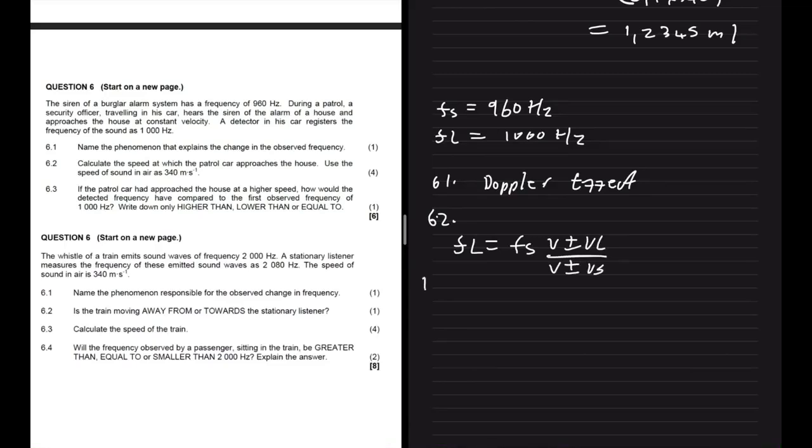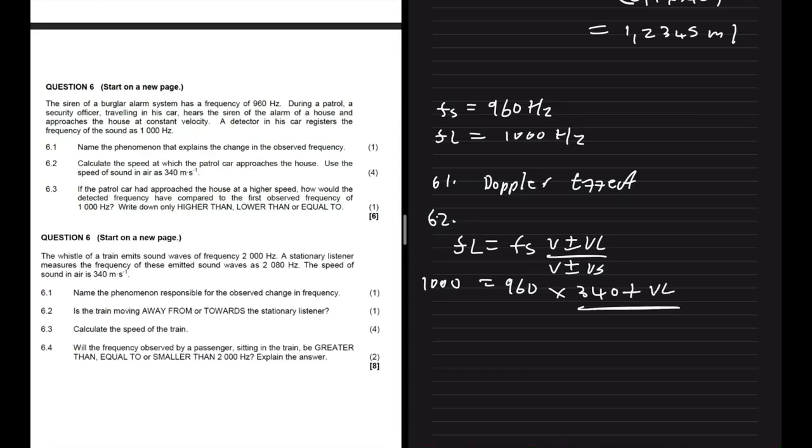FL is 1000. We're given that. FS is 960 Hz. We're given that. And V is 340. We're supposed to calculate the speed at which the car is approaching, so now it's the velocity of the observer that we're calculating. If it's approaching, then on the numerator we have a plus VL.